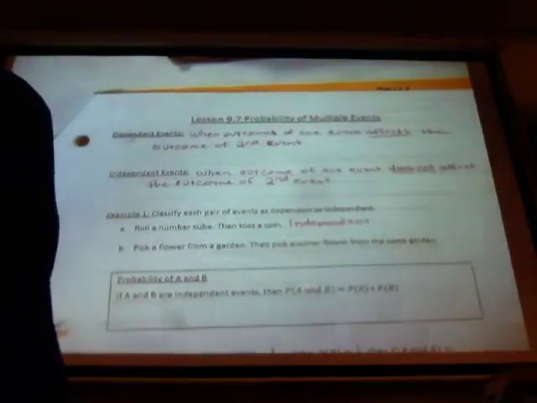Very good. Pick a flower from a garden, then pick another flower from the same garden. What would that be? When I go and pick another flower, is the chance of me picking that second flower affected by what I picked on the first one?